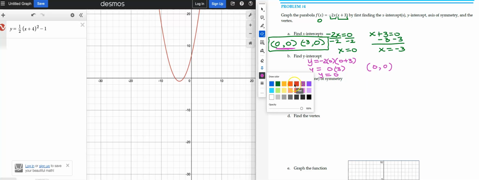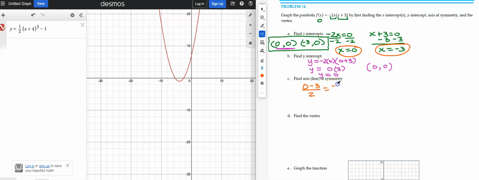Okay, so how would we find our line of symmetry? So again, we said, okay, let's take those x values and let's add them together and divide by 2. I want to figure out halfway in between these 2 points. So 0 plus a negative 3, and then all divided by 2. So I've got negative 3 over 2, which I'm going to change to a decimal just so it's easier to put on the graph.